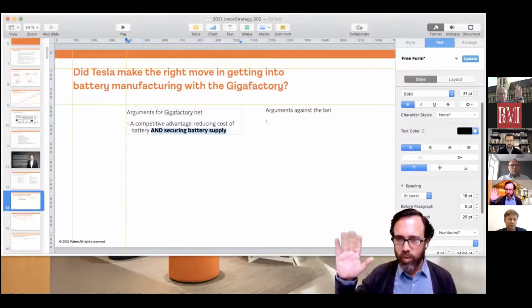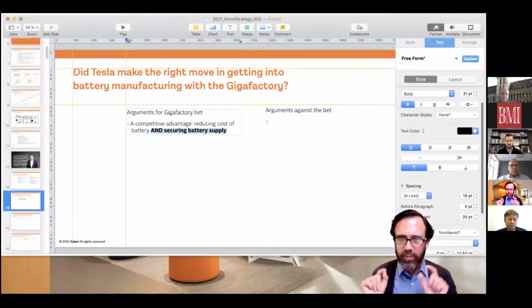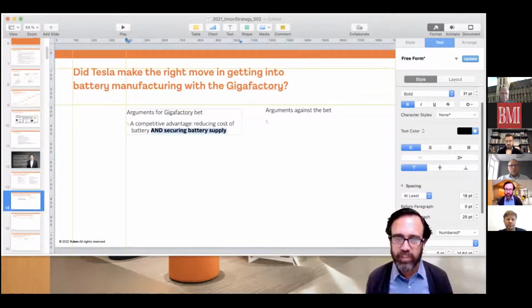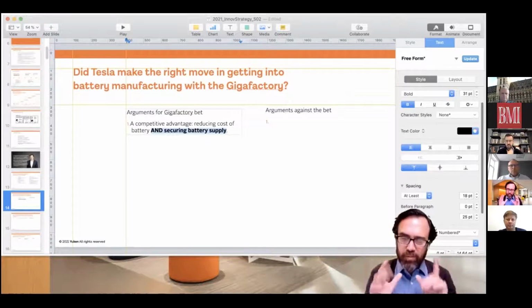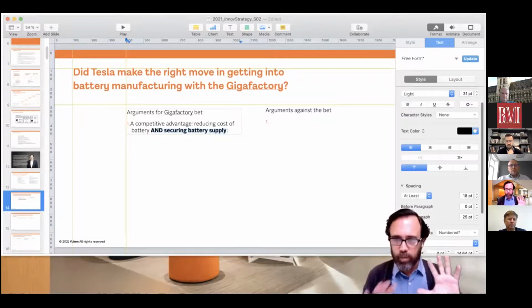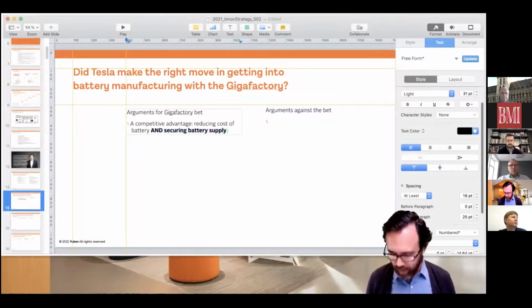When we have that type of case, we need to think not in terms of buying or creating a new manufacturing facility, but what could happen if, and generate mitigation plans. So that's the point I wanted to make on this. So what else? What other reason for the Gigafactory?